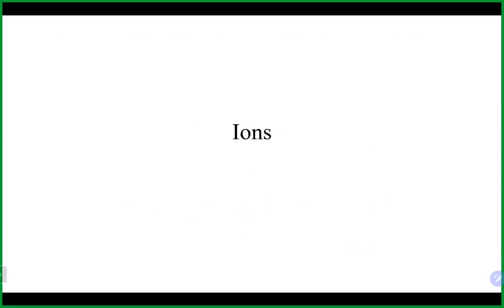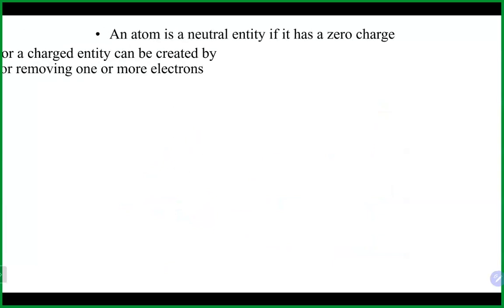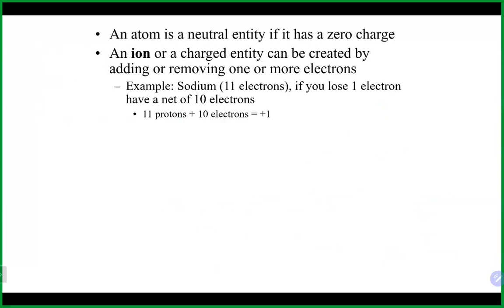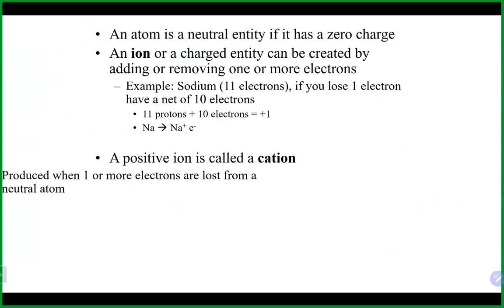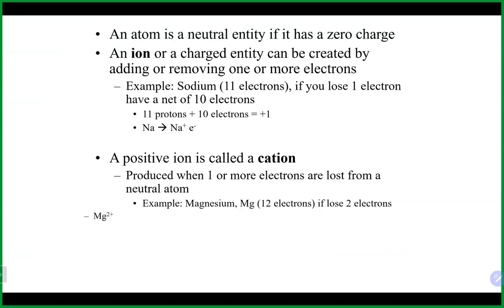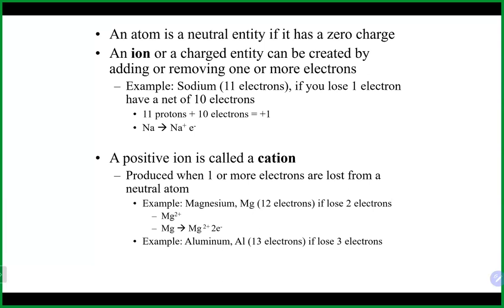Right? So ions, as we talked about, are things that do have charges. As we saw in those examples when we were doing our atomic number and mass number, there are cations and anions. Cations, which are positively charged ions, are a result of losing electrons. We can show that in equation form.